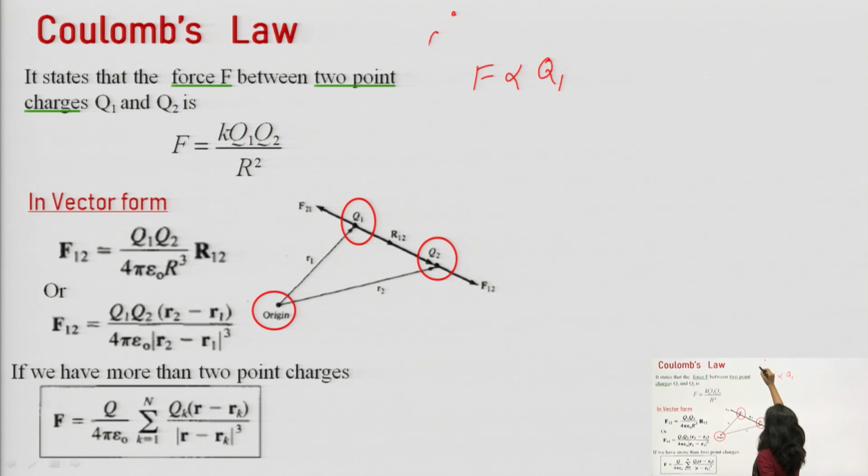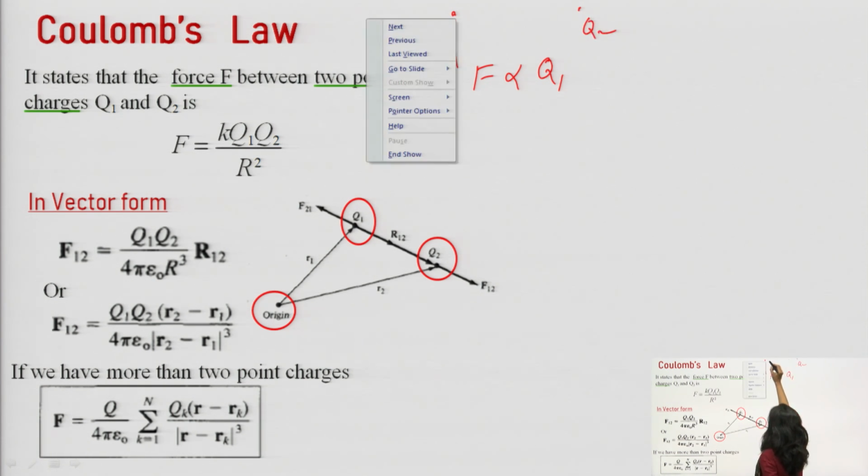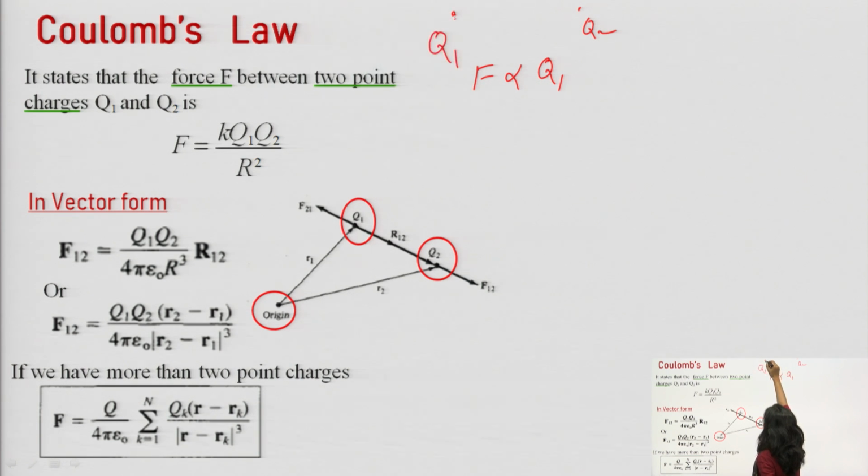Suppose here one charge is Q1, here the second charge is Q2, and these two charges are separated by a distance r. Then this force is directly proportional to the product of these two charges Q1 Q2, and it is inversely proportional to the square of the distance between them.